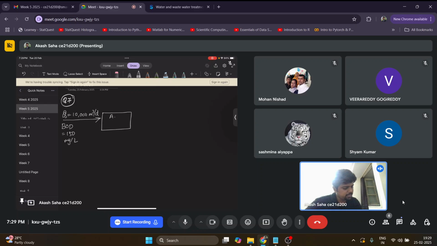It is the aeration tank where the MLSS is around 3000. That is the biomass concentration. Then it goes to the secondary sedimentation tank, where the sludge will be formed. And here the MLSS is around 10,000 milligram per liter. And the effluent BOD that is coming out is around 20 milligram per liter.